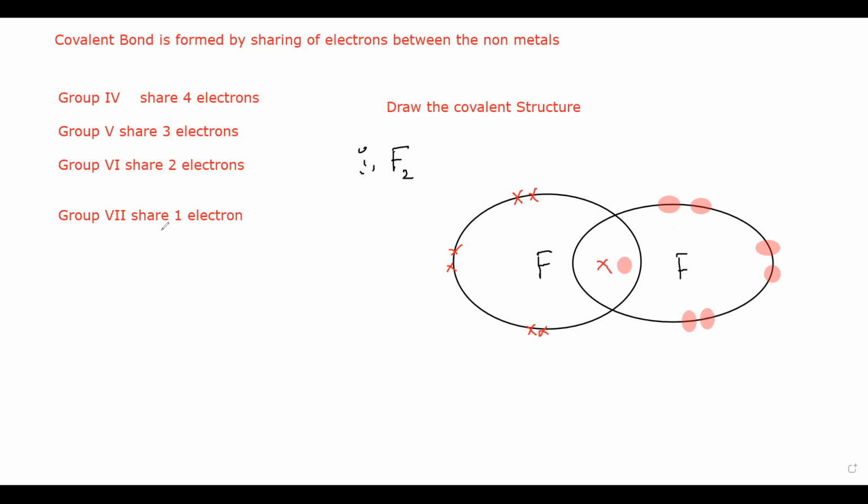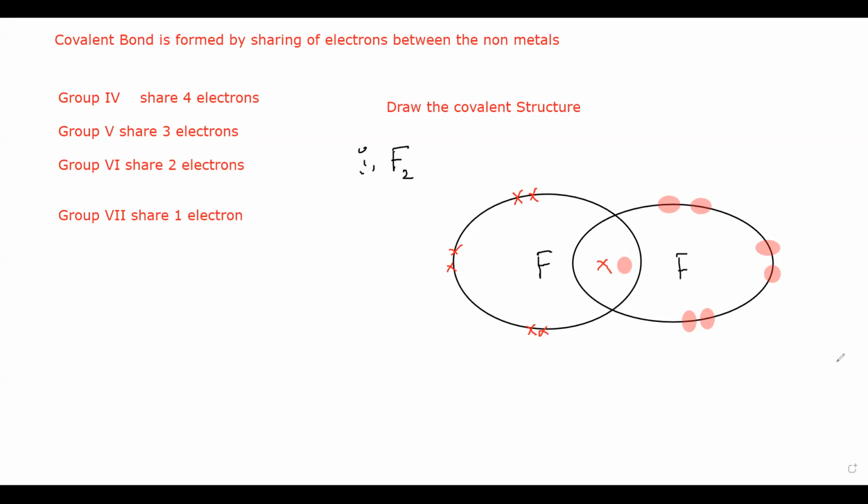And as it belongs to group 7, each fluorine will share one electron. Now we don't have to put it on the other shell, we just have to put it in between them to show that they are the shared ones.